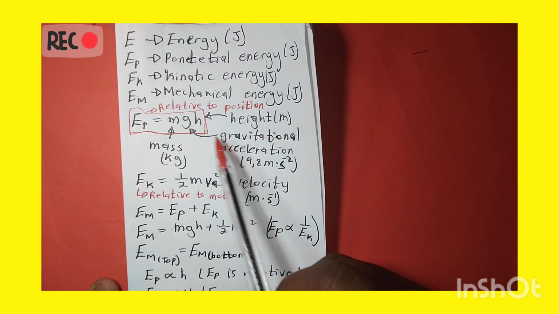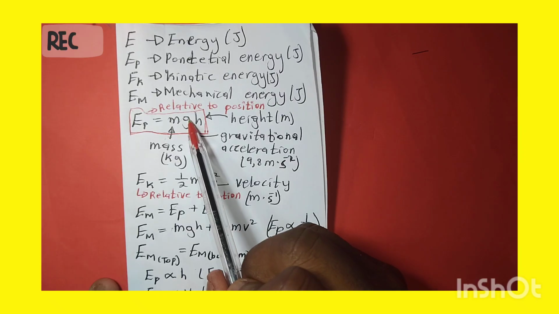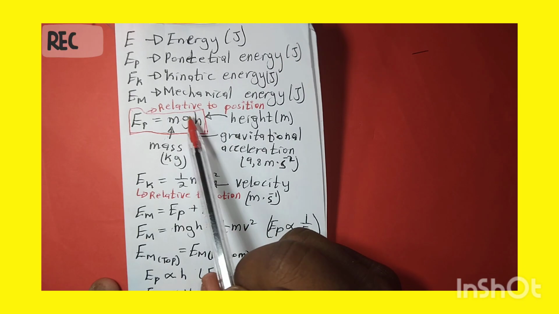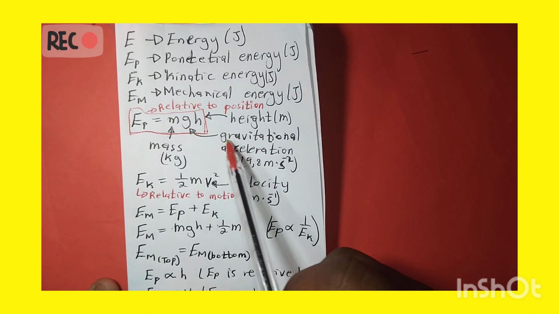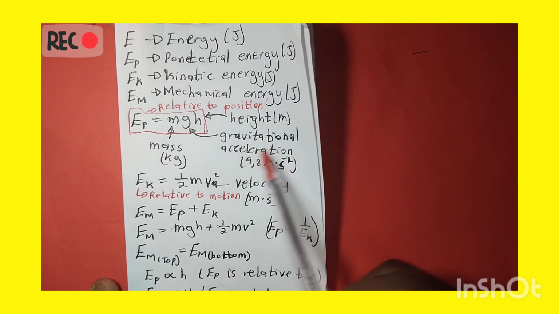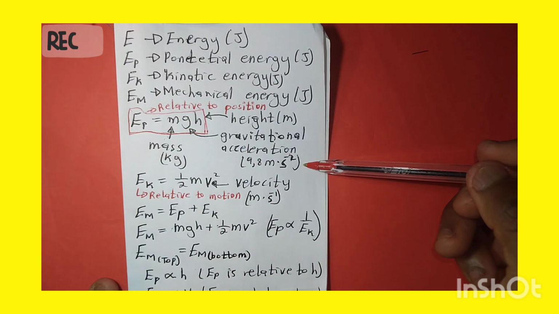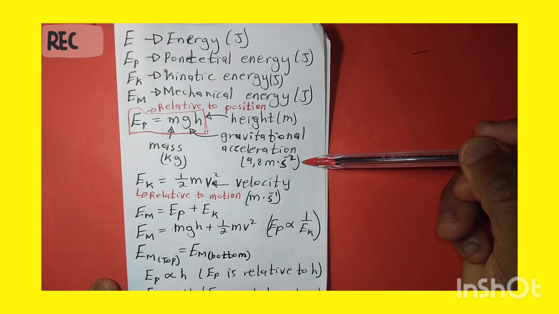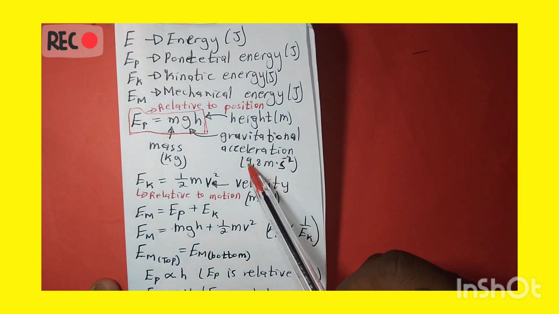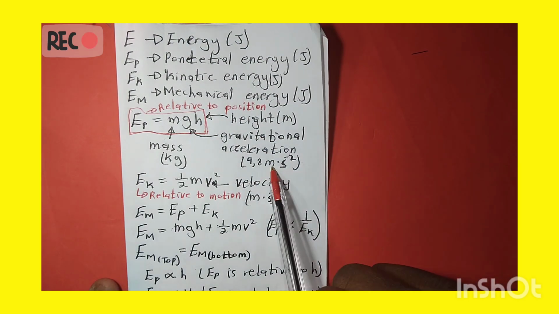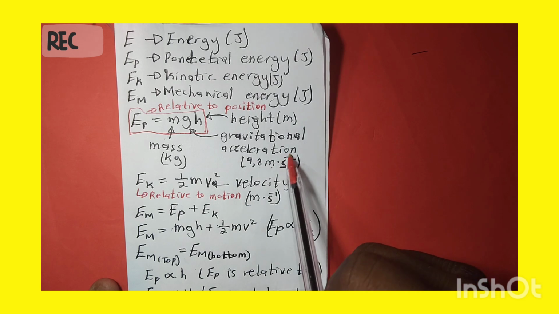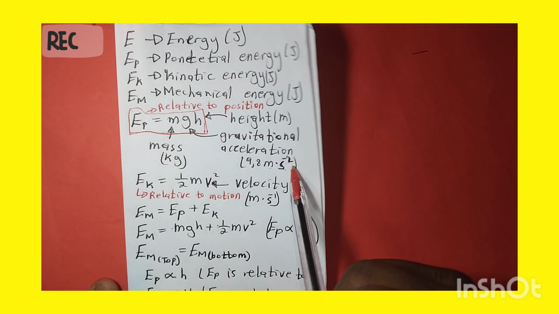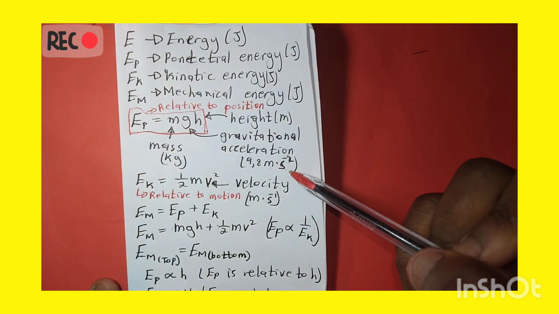Then g there, this one is g. So g is the gravitational acceleration, which is this one, guys. It's a constant. You'll get it at the back of your formula sheet. This one is 9.8 meters per second squared there.